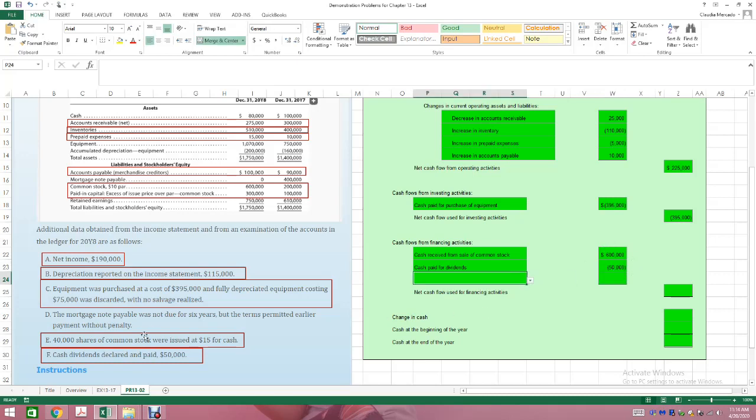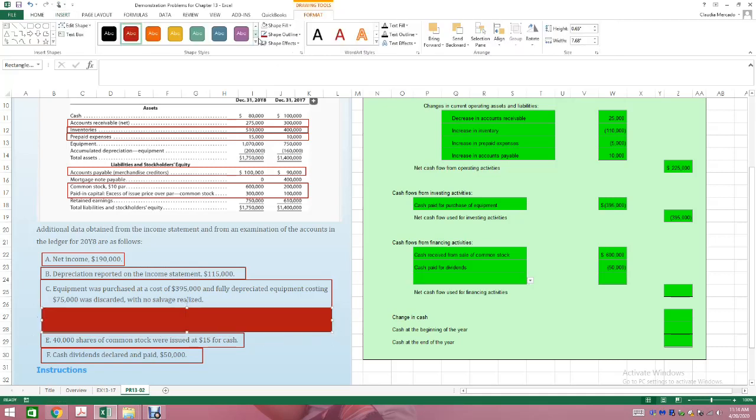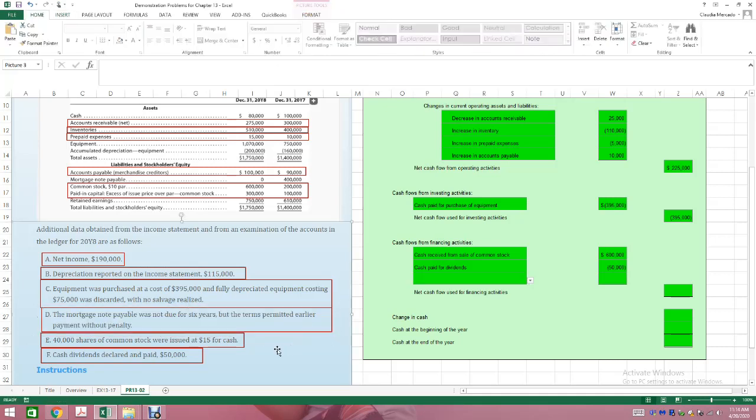Last but not least, we have letter D. Letter D says, the mortgage note payable was not due for 6 years, but the terms permitted earlier payment without penalty. So they're telling you here something about the mortgage note payable. Let's look at a mortgage note payable.